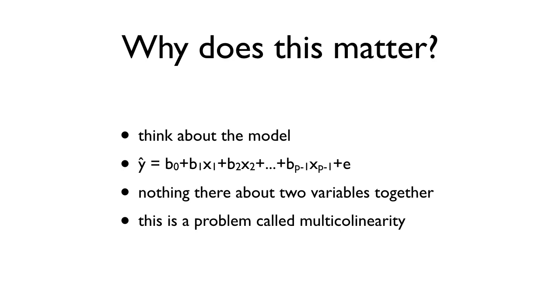Multicollinearity is actually a potential problem, because the model says there isn't any. And I don't know how you would build a model that says there's some, because then you have to know how much. And that's not an easy thing to guess about. So we want to not have multicollinearity.